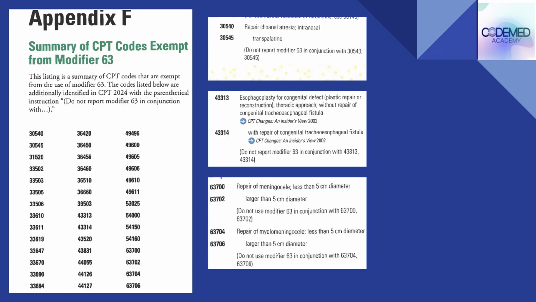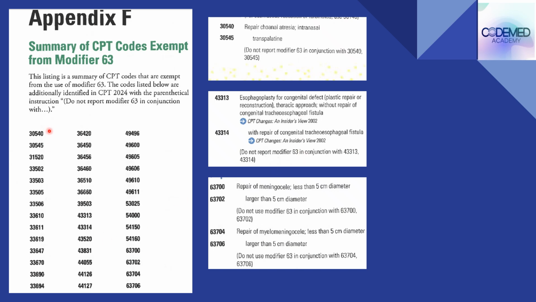So here is Appendix F, which talks about the summary of the CPT codes exempt from modifier 63. And here also you will see that there is a particular note that says do not report modifier 63 here.